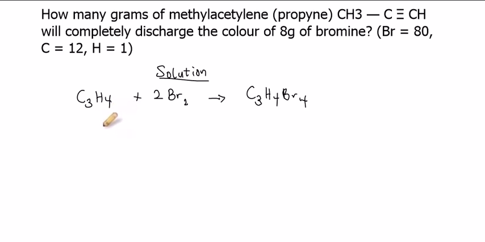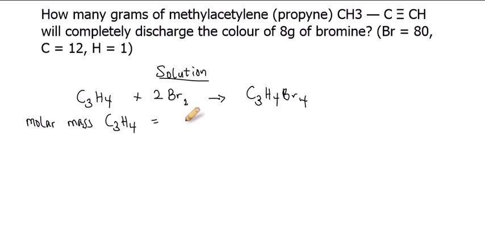Let's start with propyne. We'll be calculating the molar mass of propyne, which is C3H4, given as the sum of the atomic masses of the elements present in the compound.